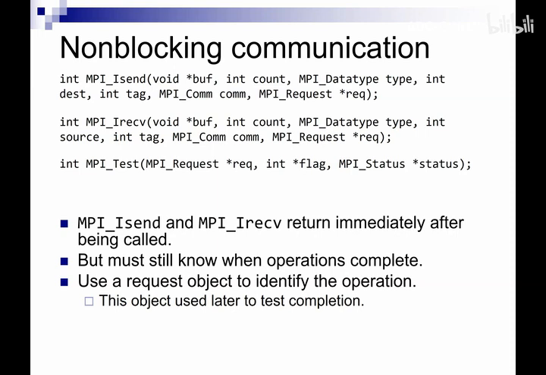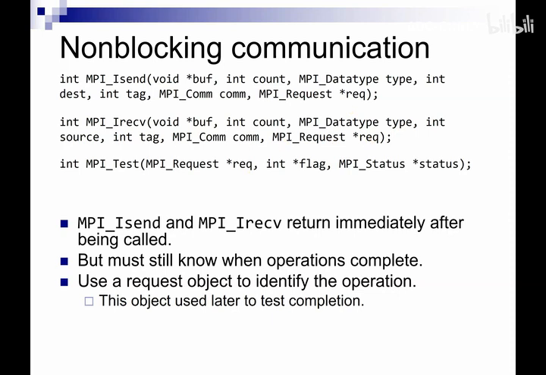MPI test is going to take an MPI request object, and the request object corresponds to one of these calls to MPI I send or MPI I receive. MPI test is going to tell me when this send or receive has finished. So when you call MPI I send, you actually have to include the request, and the same for I receive.